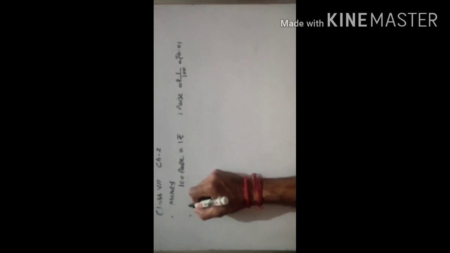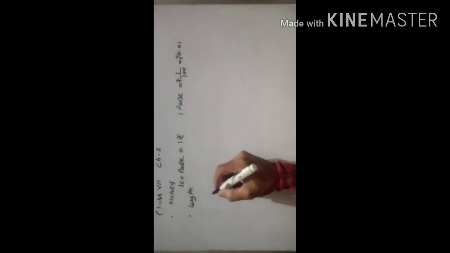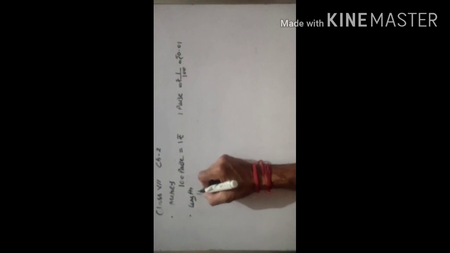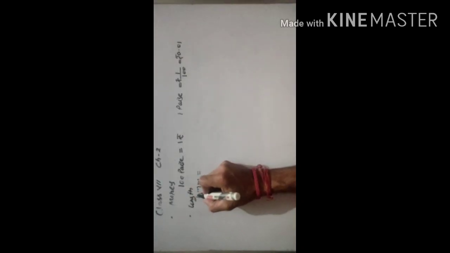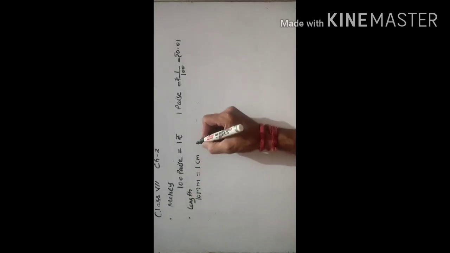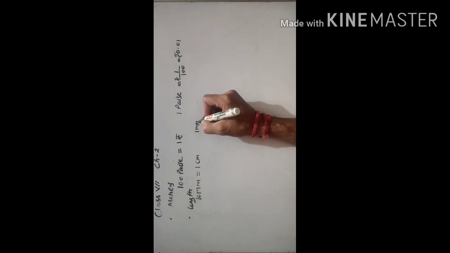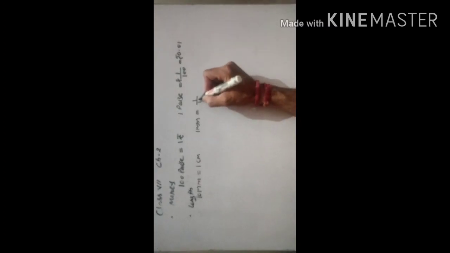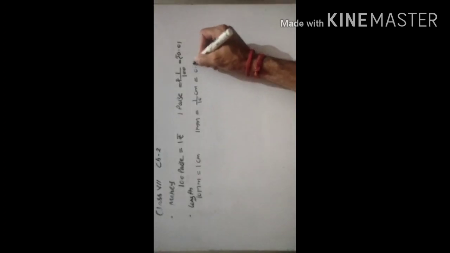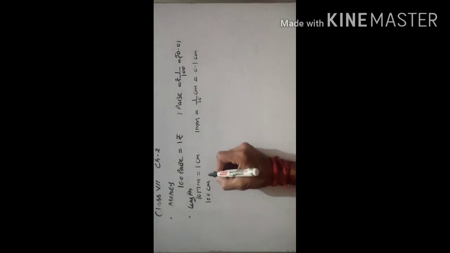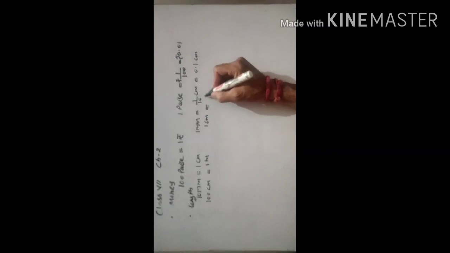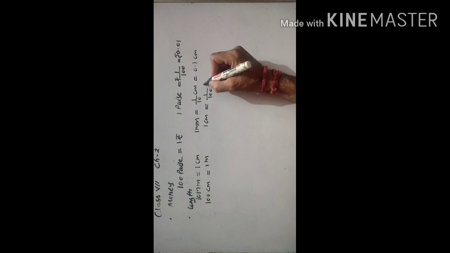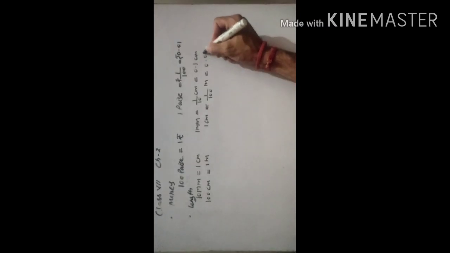Second, length: we measure in millimeters. 10 millimeters is equal to 1 centimeter, that is 1 millimeter is equal to 1 by 10 centimeter, that is 0.1 centimeter. 100 centimeters is equal to 1 meter, and 1 centimeter is equal to 1 by 100 meter, that is 0.01 meter.